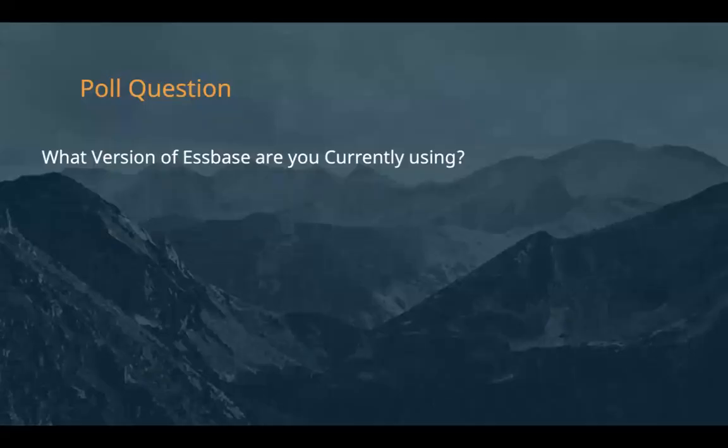We're going to start out with a couple quick poll questions to make sure everyone's awake today. Alex, if you don't mind, pop up our first poll question. We'll give you about 30 seconds or so to answer. This helps us understand where folks are at today. These are anonymous, so don't worry about it, but we ask you to answer accurately. Steve will take a moment afterward to go through the results. The first question is: what version of Essbase, if any, are you currently using? Then we'll give you a few seconds to answer that one.